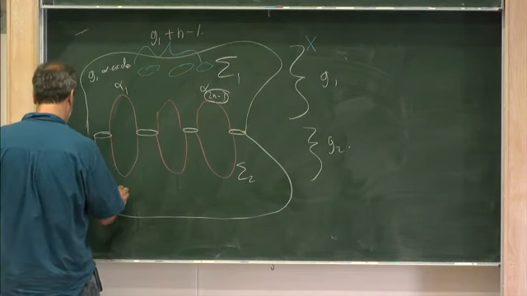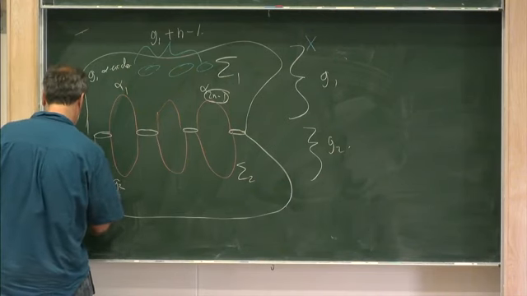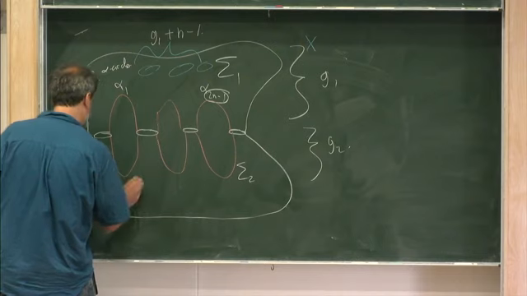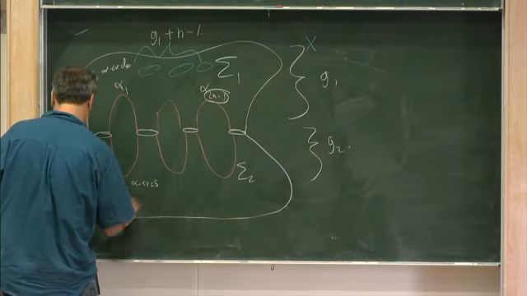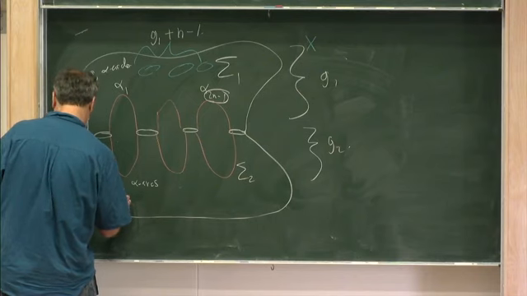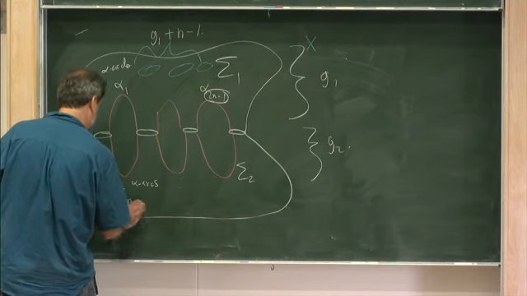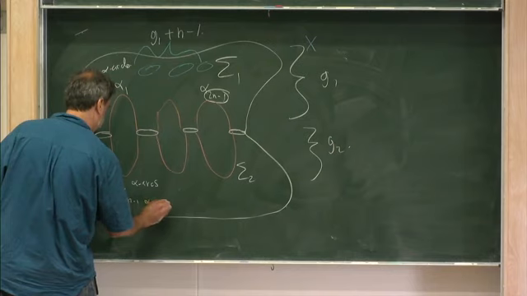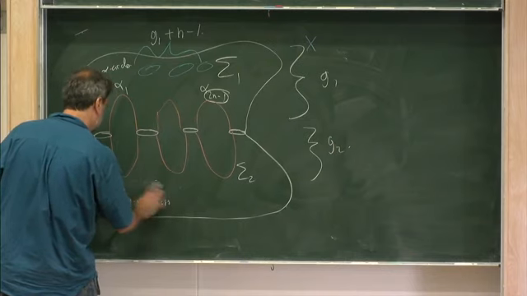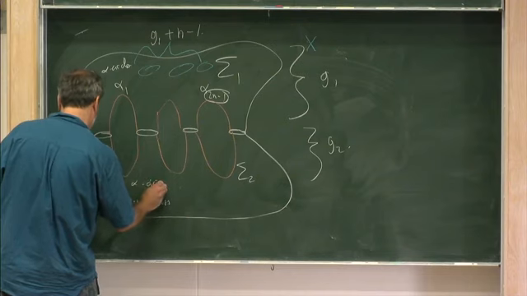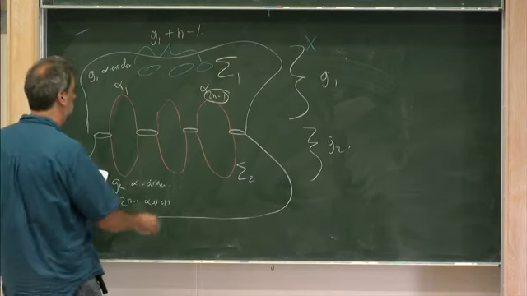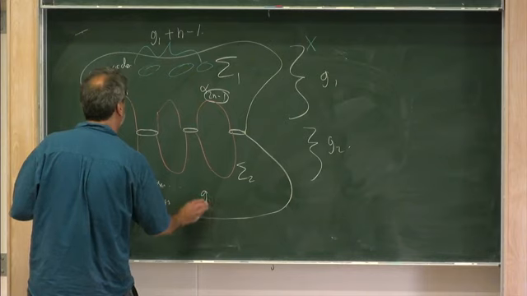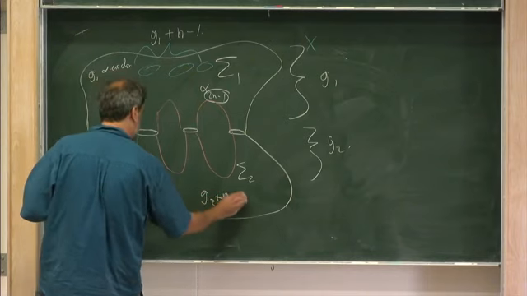And they're going to be, down on the bottom, G2 alpha arcs. And they're going to be 2n minus 1 alpha arcs, G2 alpha circles. And it turns out here there's going to be G2 plus n beta circles.